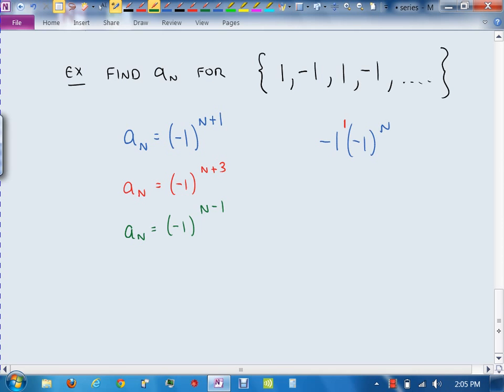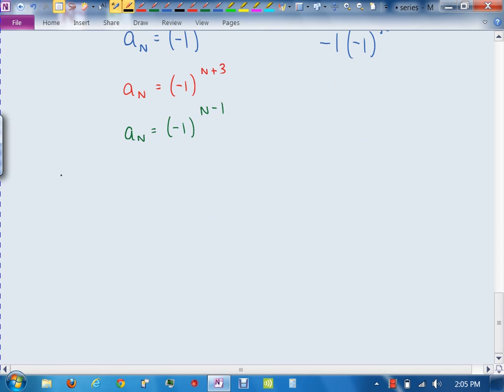Okay, let me give you another one to try. Don't worry. It's all good. We're all going somewhere with this, all right? See if you can figure out, find a sub n on this.